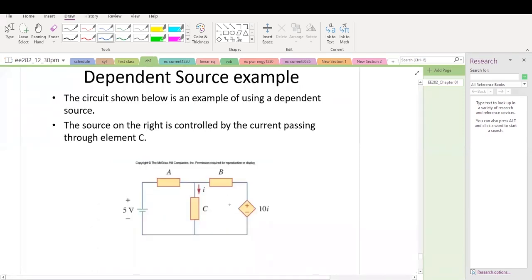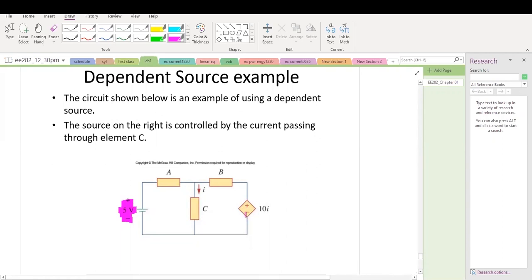Let's look at an example inside a circuit. This is a more realistic circuit. We have an independent voltage source, and this is device A, there's a device B, and there's a device C here. There is a current, small i, flowing through device C. This is a controlled source, a diamond shape.